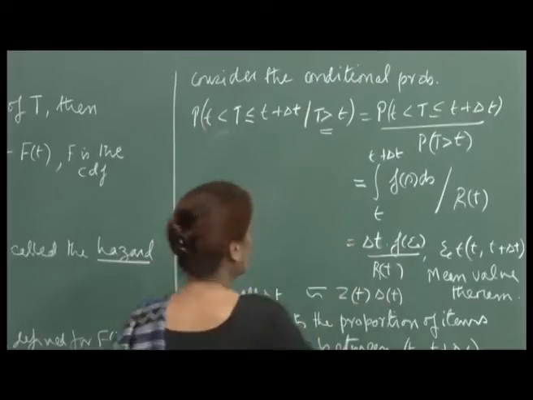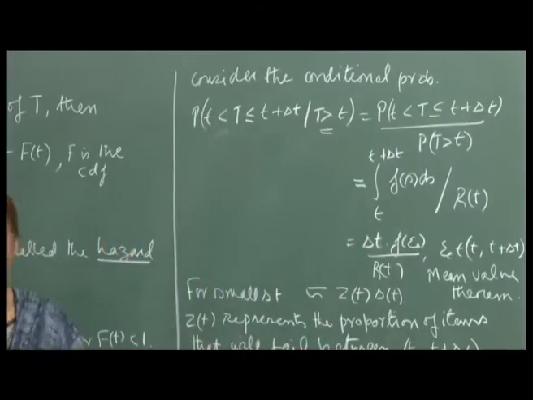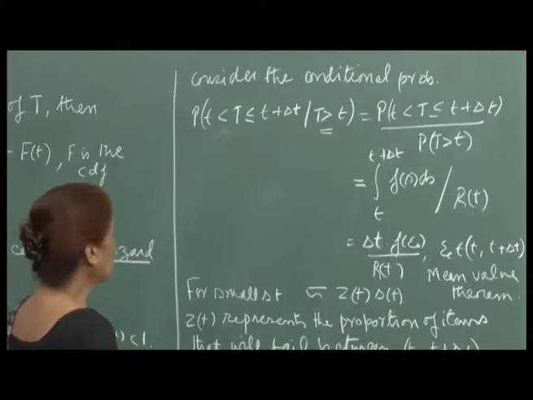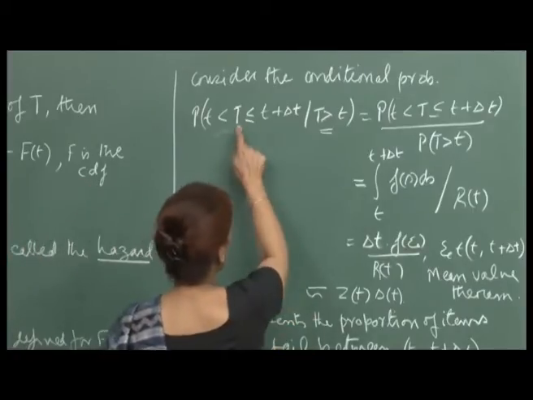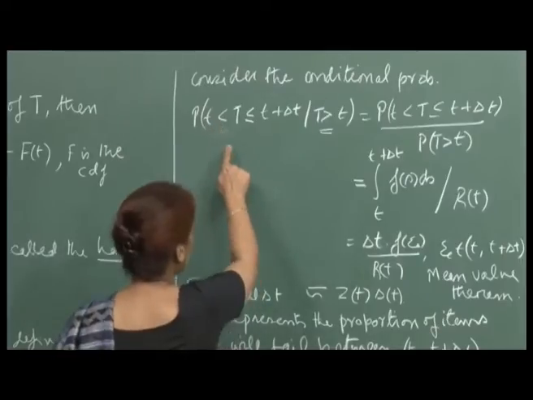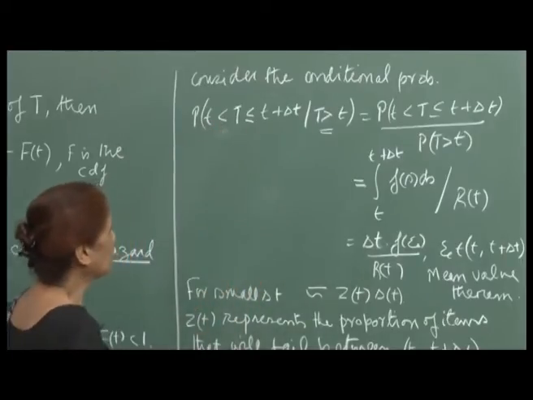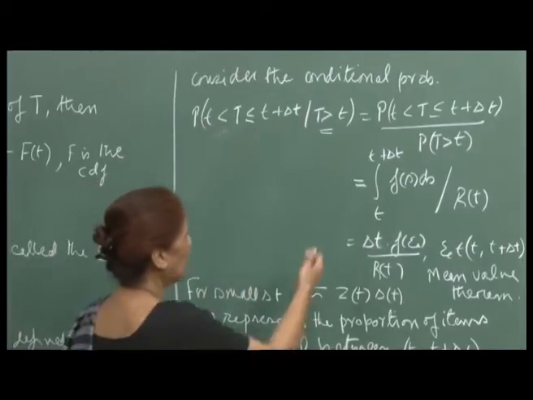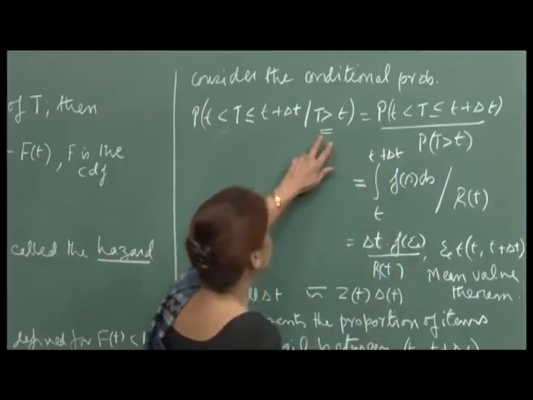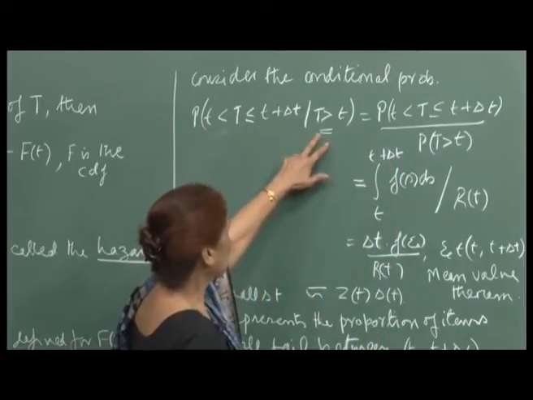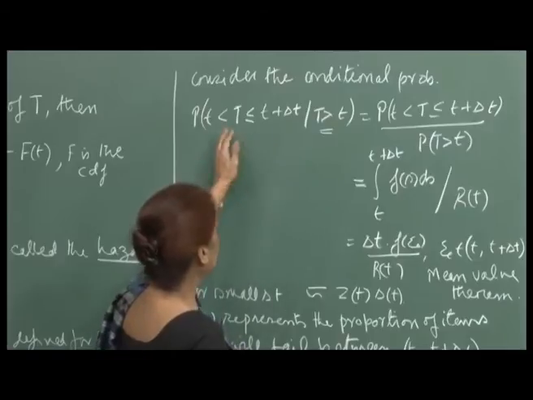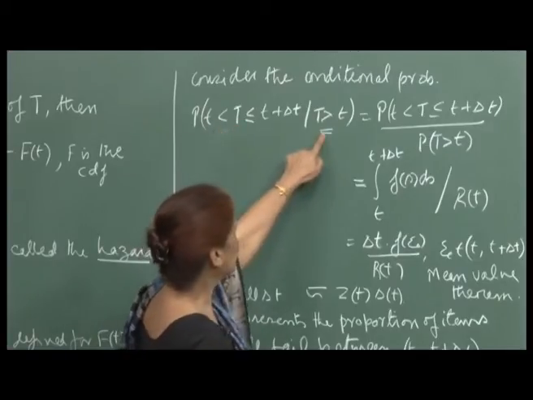I mean, what I am saying is that the event should be described properly. So, the probability that T lies between t, strict inequality, and t plus delta t, less than or equal. Then by our rule, when you take the intersection, it actually means just this event, because capital T greater than t is already satisfied.